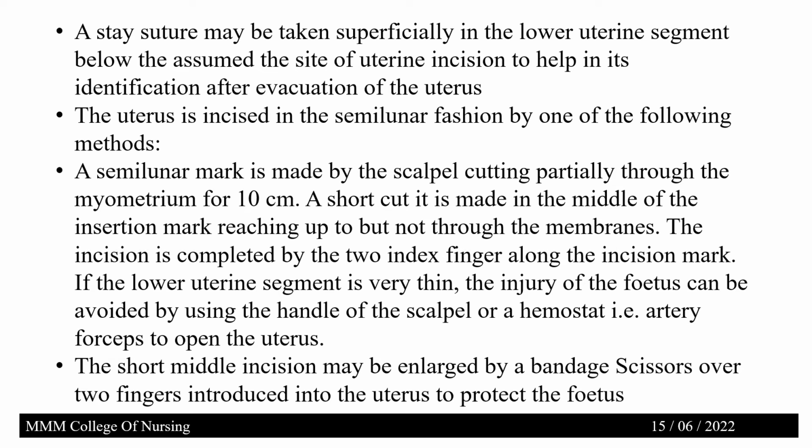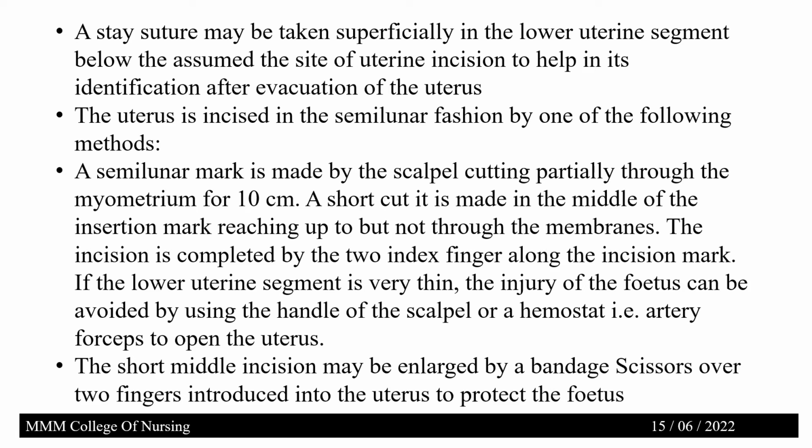The uterus is incised in the semilunar fashion by one of the following methods. A semilunar mark is made by the scalpel, cutting partially through the myometrium for 10 cm. A short cut is made in the middle of the incision mark, reaching up to but not through the membranes. The incision is completed by two fingers along the incision mark.